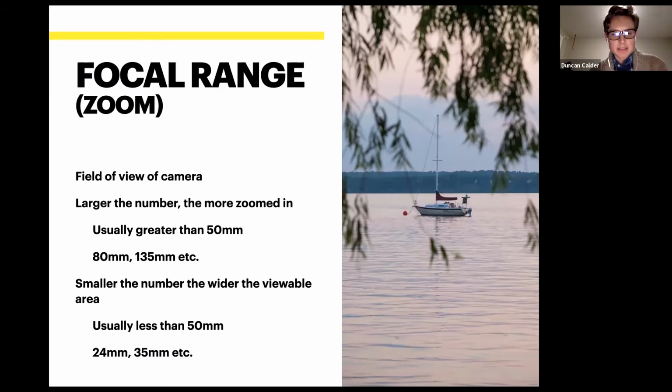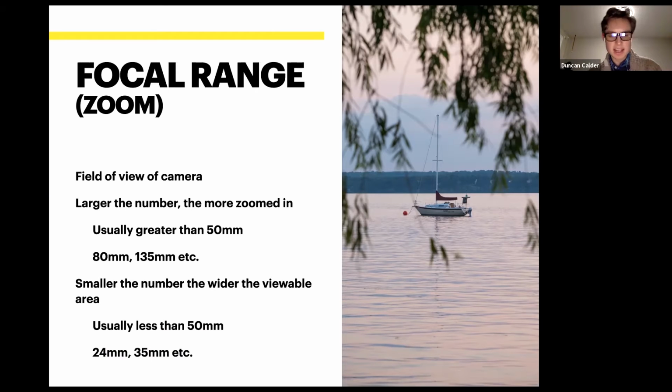So as I was mentioning before, focal range is the zoom. So on this picture on the side, you can see that there's things in front of the camera, out of focus, the trees, and then there's the boat behind it. This wouldn't be the same kind of view you would have if you saw the same thing in person because it's zoomed in. It has a smaller field of view.